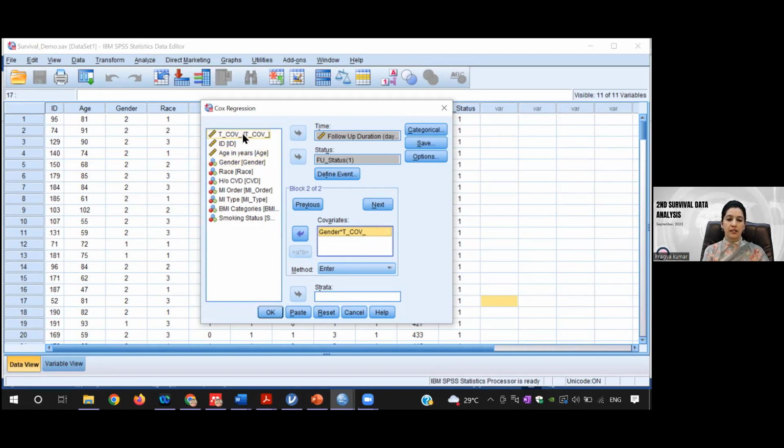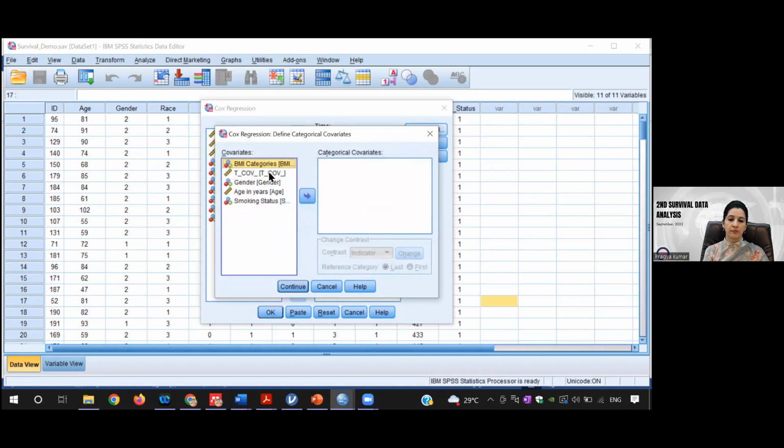Again, you can do this with any other variable, like maybe smoking. Then you go to Categorical, like we have done previously. Move to this BMI category, gender, smoking, the way we did it for the Cox regression.